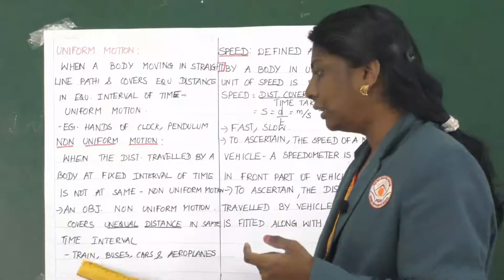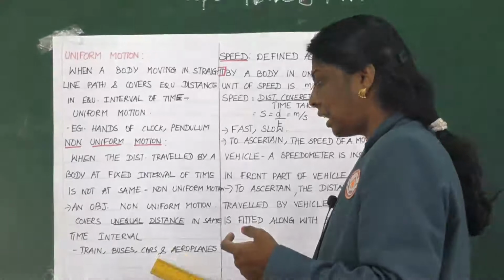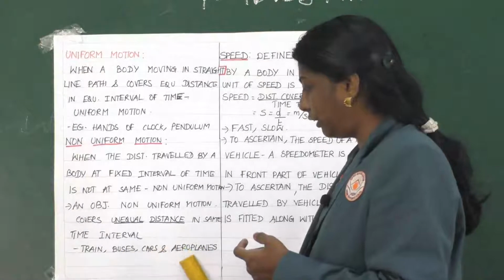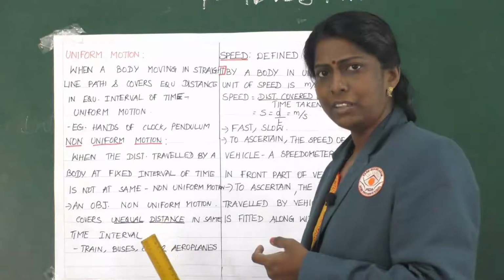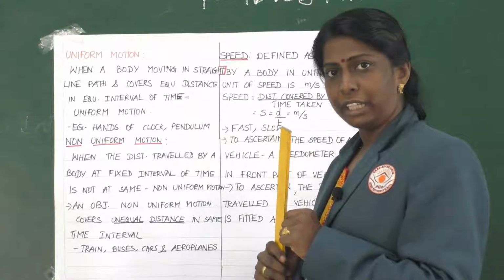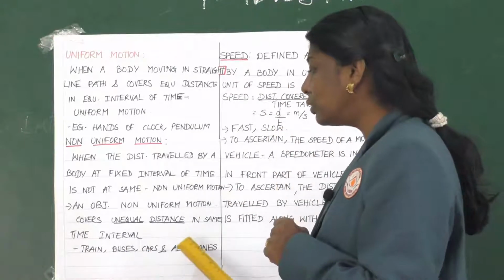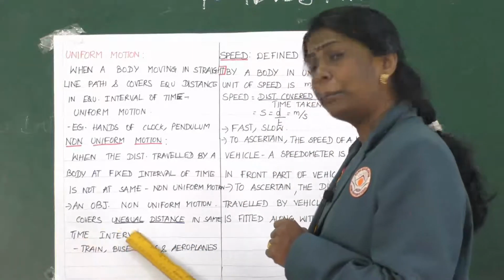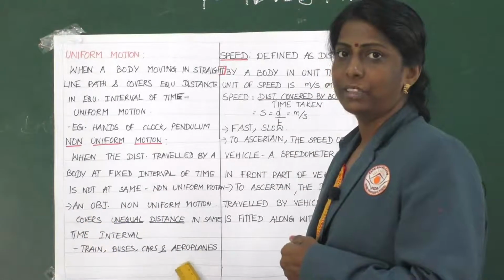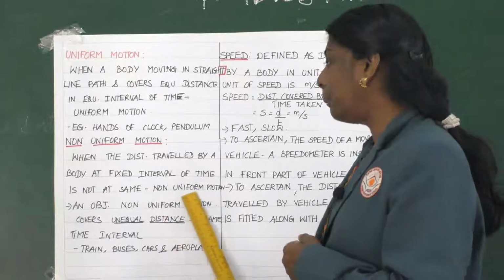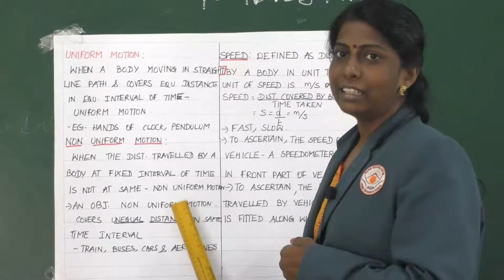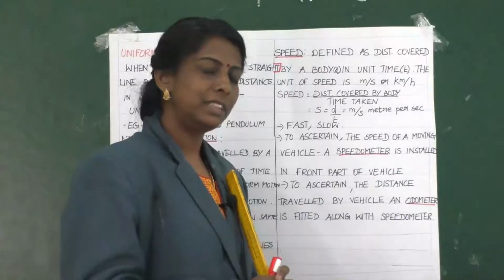For example, trains, buses, cars and aeroplanes. Is it not? Within 3 hours we can reach Delhi. Is it not? So the distance is also different, but the time interval might be within the same time limit we can travel. Is it not? So that type of movement is said to be non-uniform motion. Clear, children? Yes.